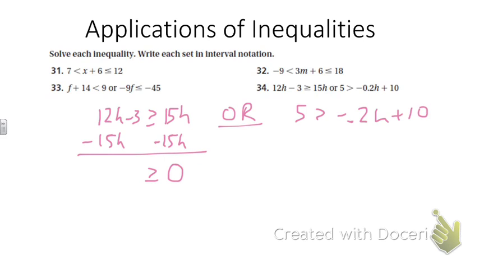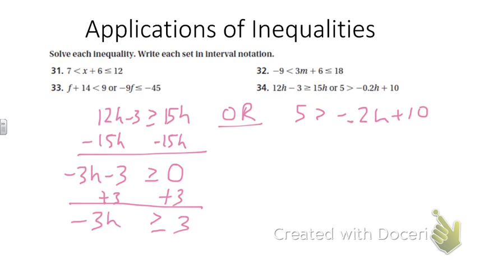It does not mean your inequality disappears. Write it. 0 is a number. Add 3, add 3. Negative 3h is greater than or equal to 3. H is less than or equal to negative 1. Switch the inequality because I divided by a negative.